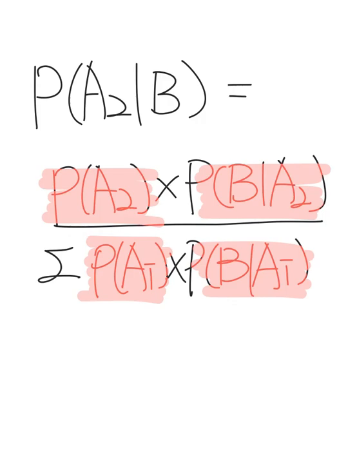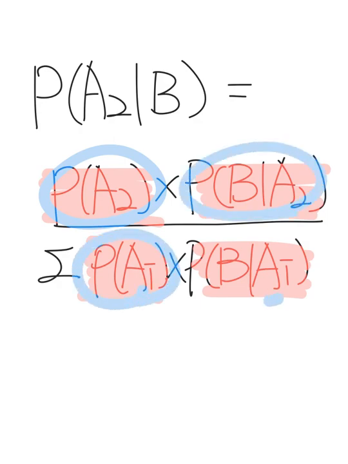Again, we have to take the sum. It's the same format. The first one is the marginal probability, the second one is the conditional probability, but in the denominator, we have to take the sum. Exactly, it was the Bayes rule.